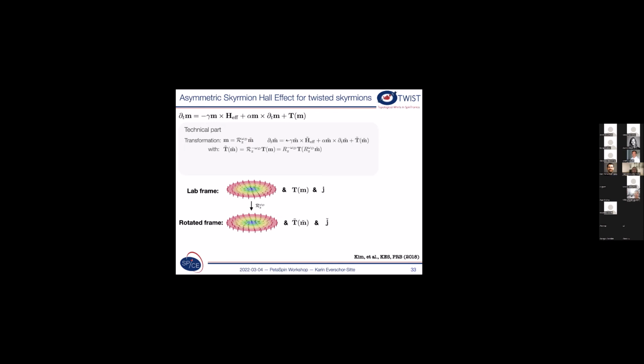We actually get a very similar LLG equation as the one in the lab frame, but of course with some changed torques. So instead of the lab frame where we have a tilted Skyrmion, some torques acting and a current, we now have a Néel Skyrmion, but modified torques and potentially a modified current.